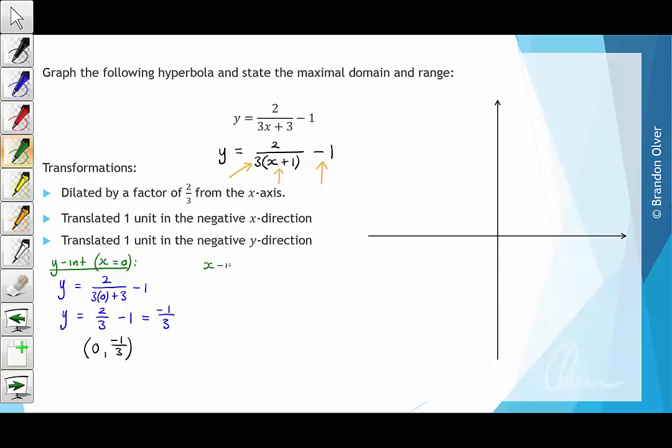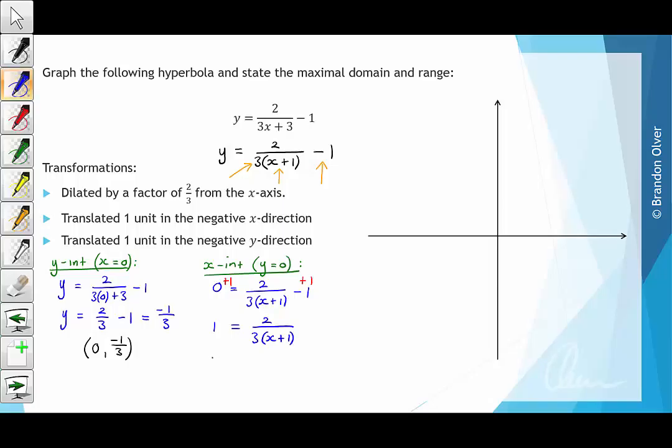The x-intercept is when y is equal to 0. If we put this in, we have 0 is equal to 2 on 3x plus 1, minus 1. If we add 1 to both sides, we have 1 is equal to 2 on 3x plus 1.